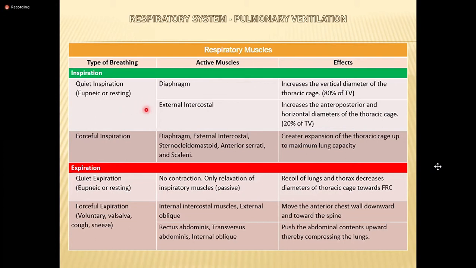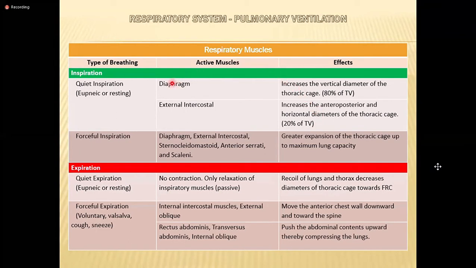Okay, so what are the muscles involved in your quiet inspiration? The diaphragm and the external intercostals. So what is its effect? Increases the vertical diameter, because what happens to the diaphragm? It will go down, 80% of the total volume. External intercostals increase the antero-posterior and horizontal diameters of the thoracic cage, 20% of the tidal volume.